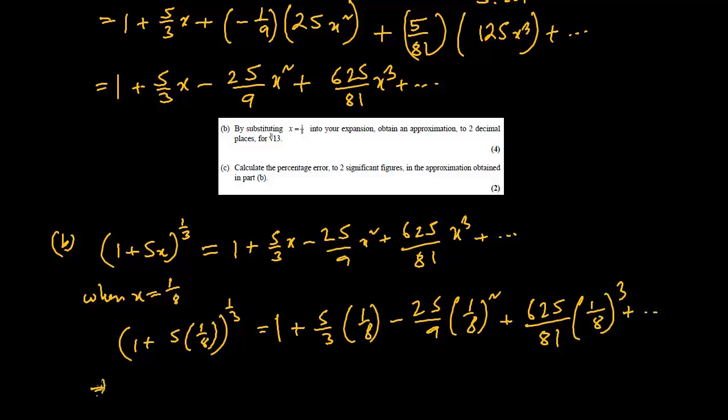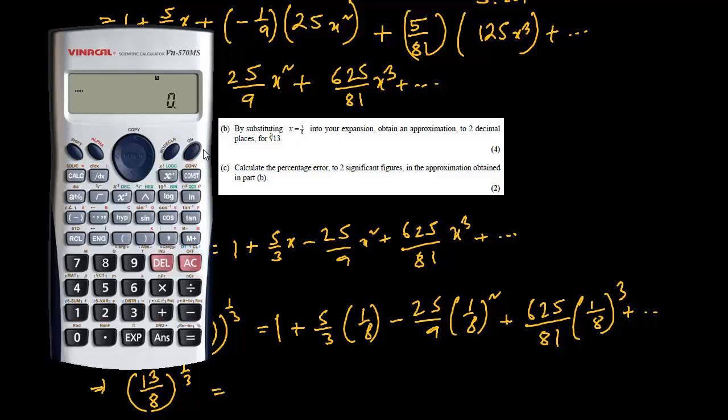So on this side, if we use the calculator, this would be 8 ones are 8 plus 5 is 13 by 8 to the power 1 by 3. And let's use the calculator to find the entire value in decimals. So 1 plus 5 ones are 5, 5 by 24. 5 by 24 equals this, minus 25 divided by 8 squared is 64, 9 into 64.